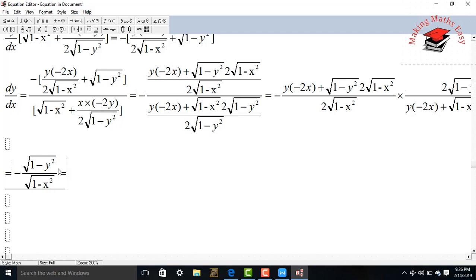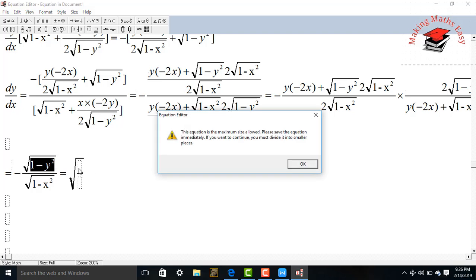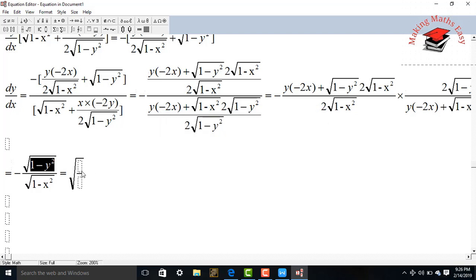So we can also write it as a single root: under root of 1 minus y square over 1 minus x square in this case.